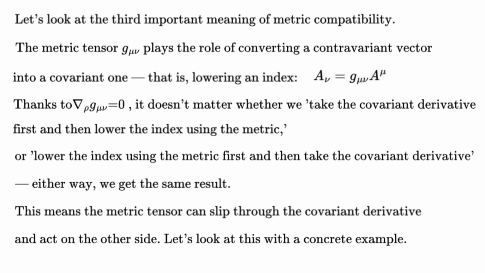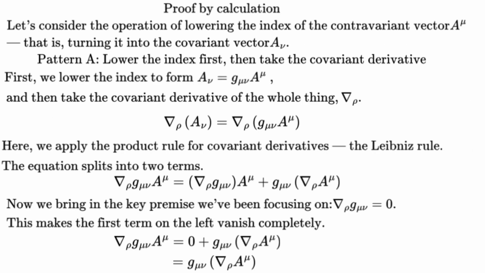Let's look at this with a concrete example. Proof by calculation. Let's consider the operation of lowering the index of the contravariant vector A mu, that is, turning it into the covariant vector A nu. Pattern A. Lower the index first, then take the covariant derivative.